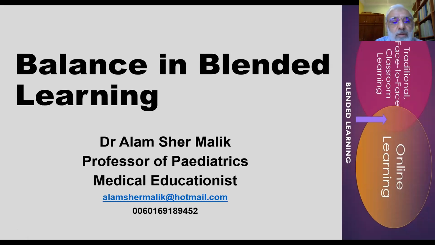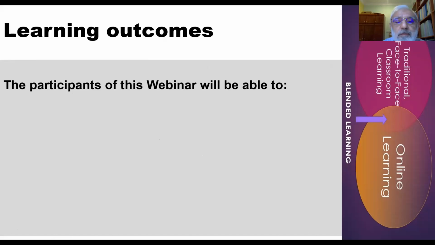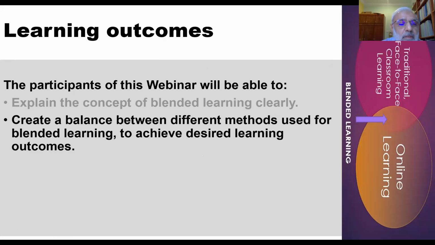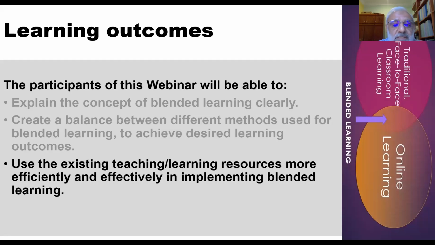Right. So we are going to talk about blended learning and what we want to achieve during this session: that the participants of this webinar will be able to explain the concept of blended learning clearly, create a balance between different methods used for blended learning to achieve the desired learning outcome, and use the existing teaching learning resources more efficiently and effectively in implementing blended learning.